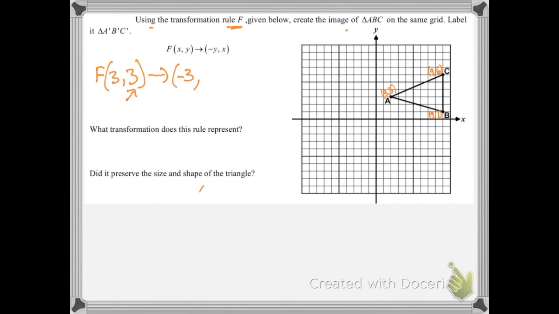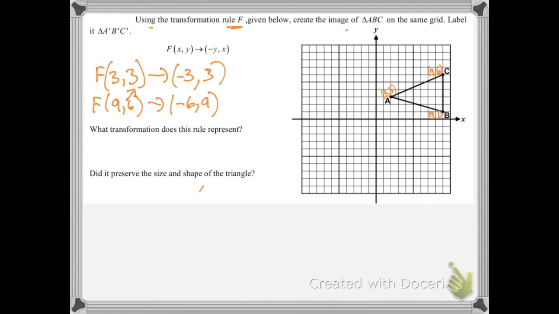The x stays the same, so we put positive 3, okay? Take another point, f of 9 comma 6. And so now that becomes negative y, so negative 6 comma 9.